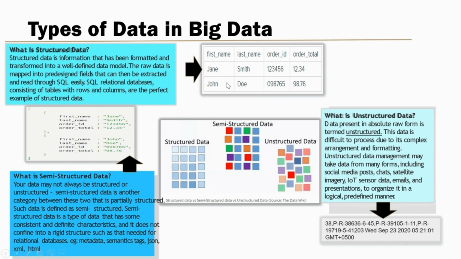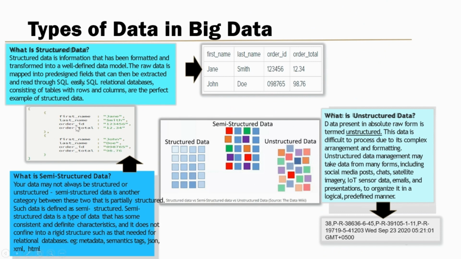Okay, now we'll move to the semi-structured data. Semi-structured data means the data will be in this format. See, in key value pair format. These are CSV files, and your data will be stored in this format. Why?